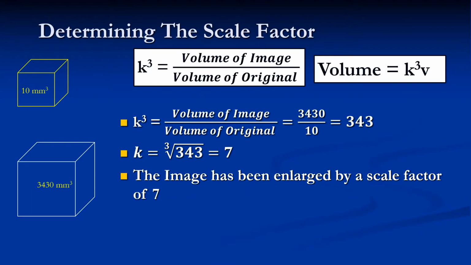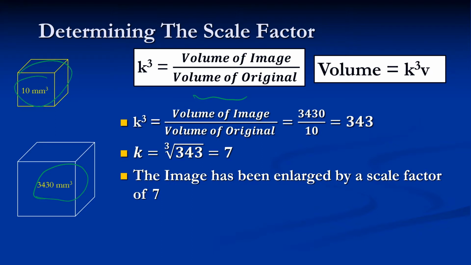Let's look at an example of determining the scale factor first of all. The first formula we'll think about is that the scale factor cubed equals the volume of the image over the volume of the original. Here we've got the volume of the image, which is 3,430, and the volume of the original.